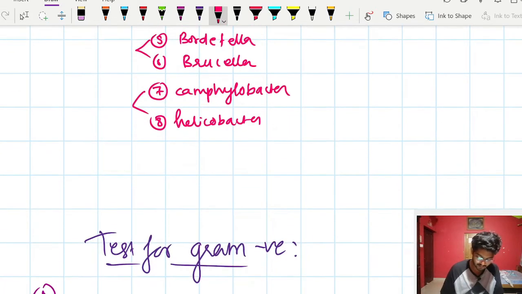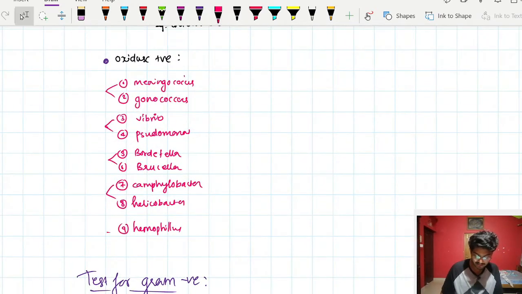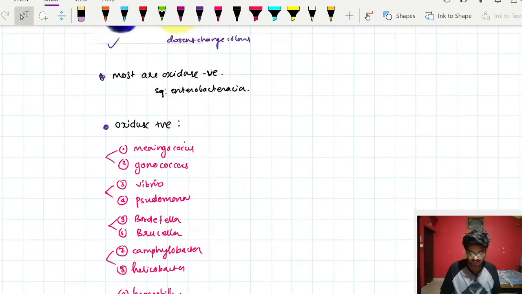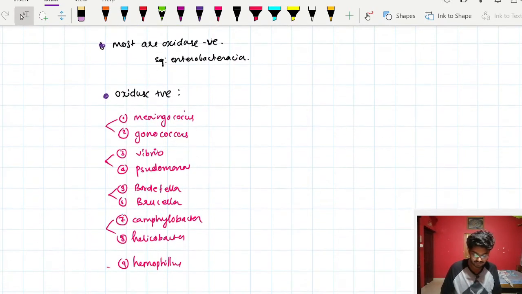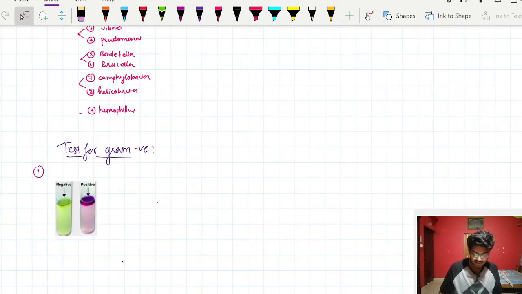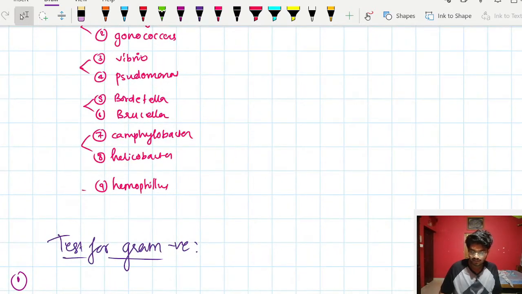Then there is our Haemophilus. So these are the microbes which are oxidase positive, and the rest are all oxidase negative. These organisms all consist of cytochrome oxidase. So that's all about the catalase and oxidase tests, which are not specific for gram negative or gram positive bacteria.